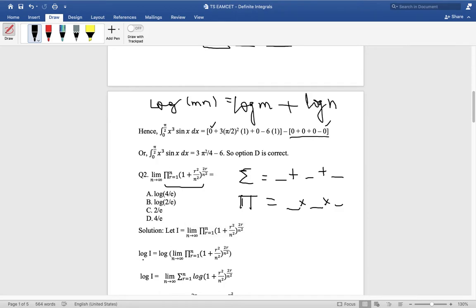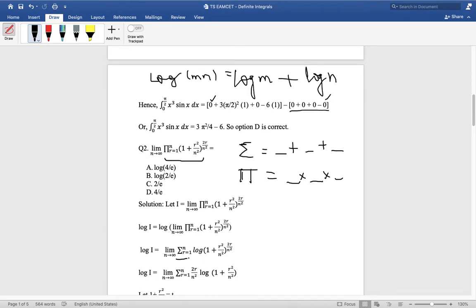When I take log, what happens to this thing? It gets converted to sigma. There you go. Because all of these are products, if I take log of a into b into c, log of a b c is equal to log a plus log b plus log c. Since it's an infinite multiplication, log of a b c d e f g h is equal to log of a plus log of b plus log of c plus log of d plus log of e.